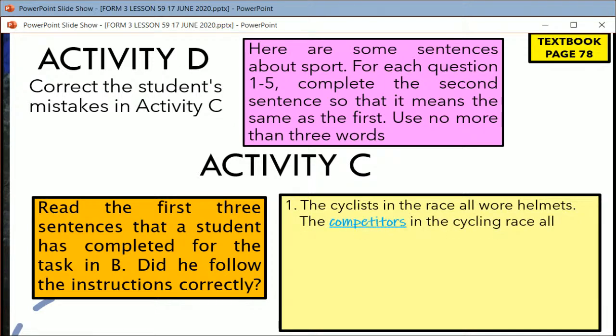And this student has written: the competitors in the cycling race all wore helmets. Do you think this learner has fulfilled the requirement of the instruction? Meaning for each question, complete the second sentence so that it means the same as the first, and the student uses no more than 3 words.